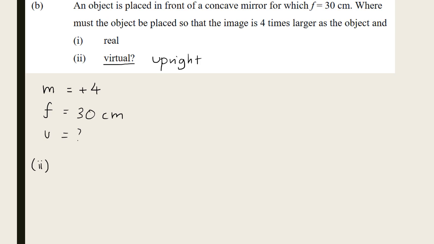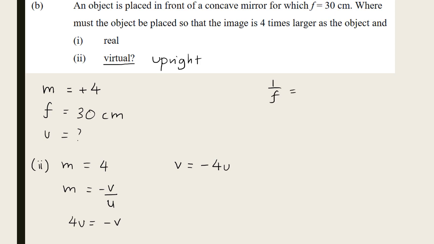So m is equal to 4, and m is also equal to negative v over u. So 4u is equal to negative v. I'm going to try and make v positive. So that's equal to negative 4u.